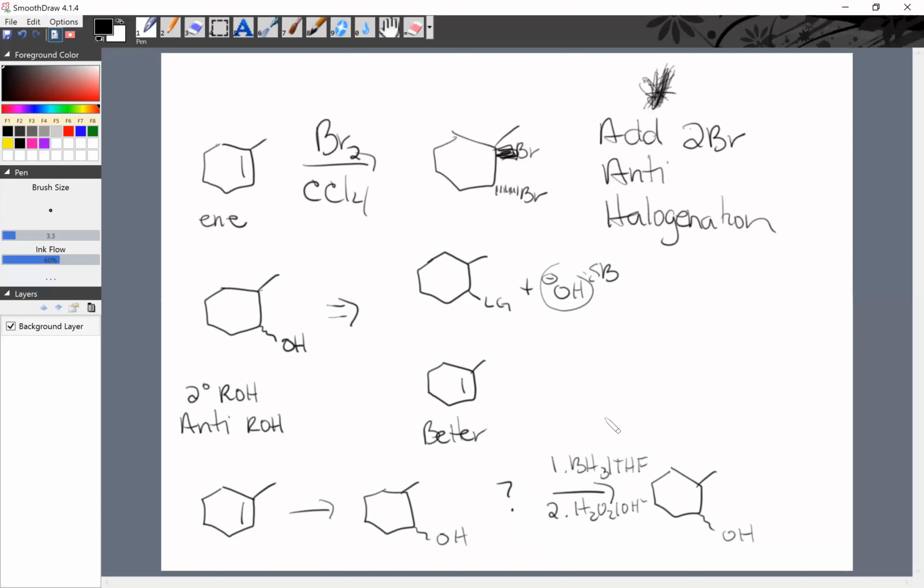Oh, what is this? Okay, what are those conditions? Those are hydroboration. This is an anti-Markovnikov alcohol. And now the question is, what functional group do I need to use to get an anti-Markovnikov alcohol from hydroboration? And the answer is an alkene.